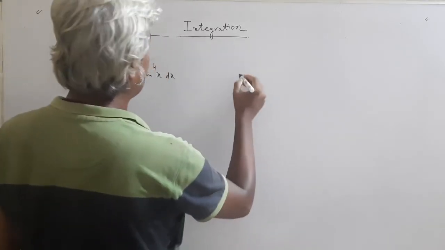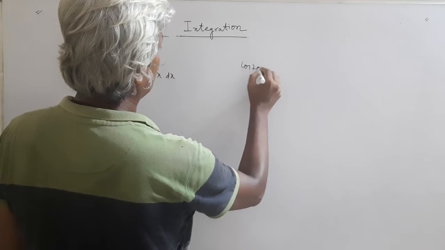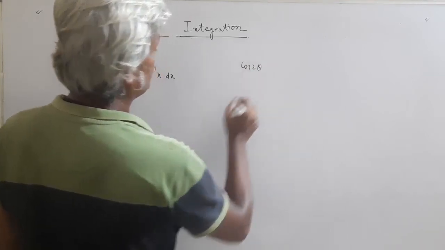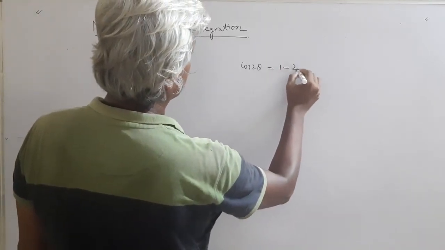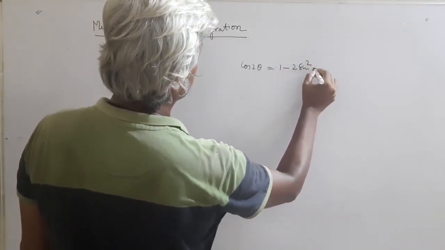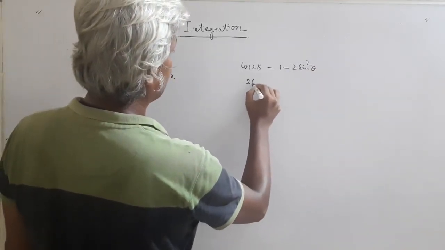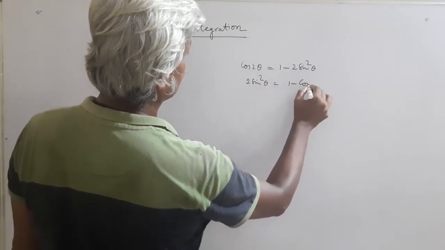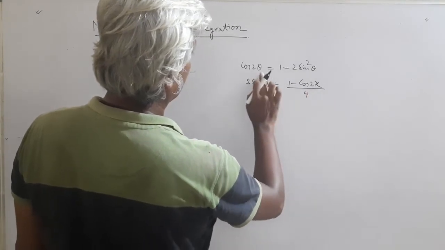You know that cos 2 theta is 1 minus 2 sine square theta. So 2 sine square theta is 1 minus cos 2 theta, so sine square theta is (1 minus cos 2x) over 2.